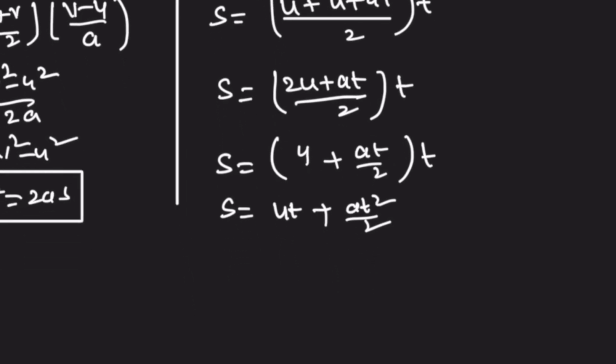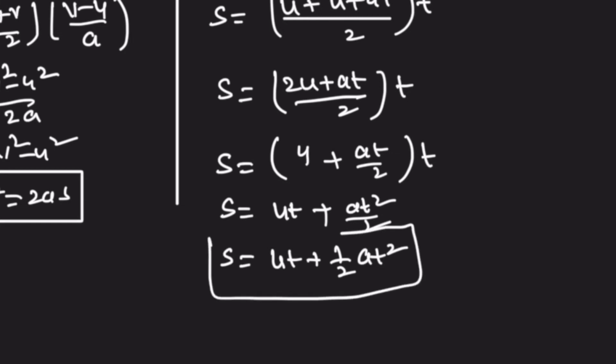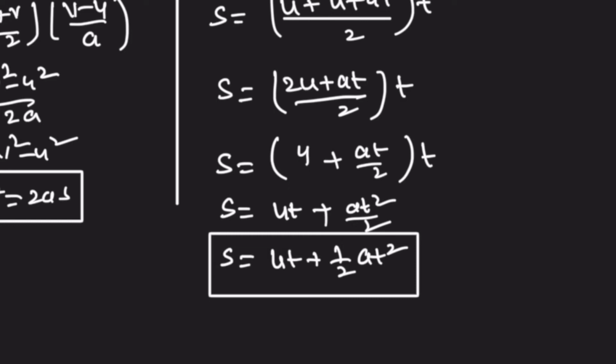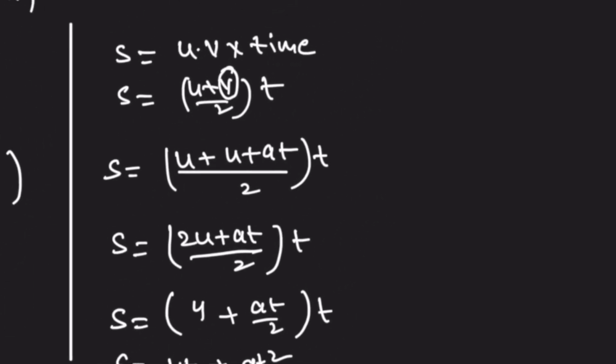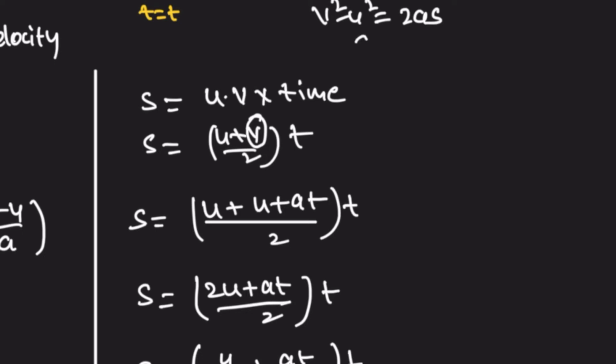So to read conveniently, take here s is equal to ut plus at square by 2, 1 by 2 at square, so 1 by 2 is nothing but half. So what is the formula here? S is equal to ut plus half at square. Okay, so here s is equal to ut plus half at square.